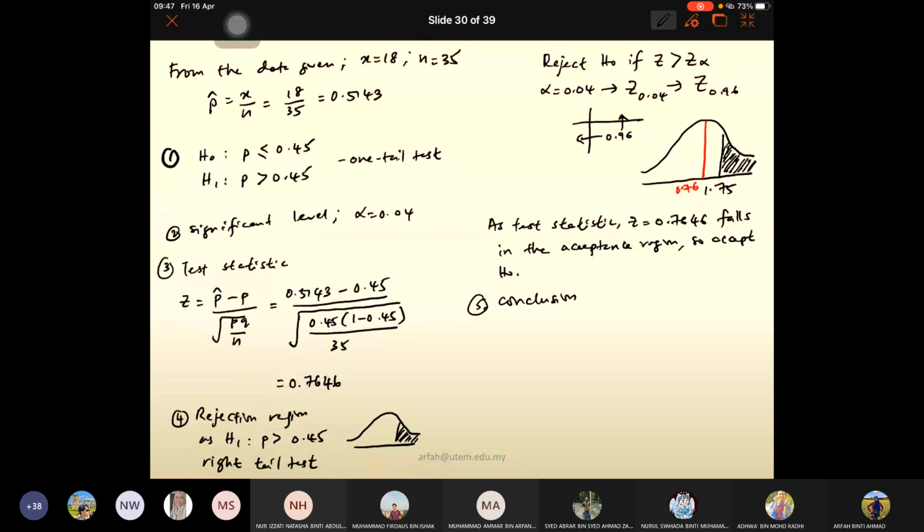So the claim, okay, that more than 45% students, the claim on that more than 45% students favor traditional course grade are not true.